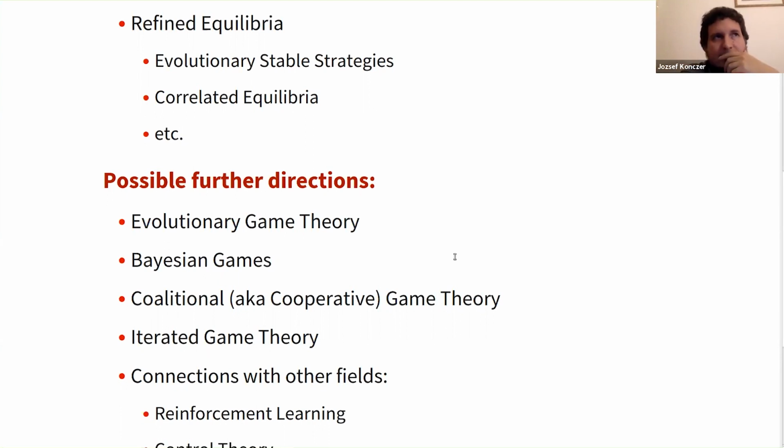So in poker, you actually have very big information sets, and by that, those information sets can be cut down. And there are also these so-called Bayesian games, which is really much about information.